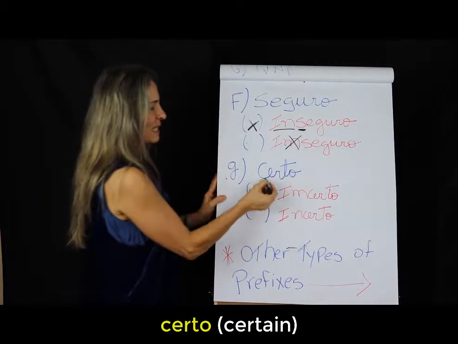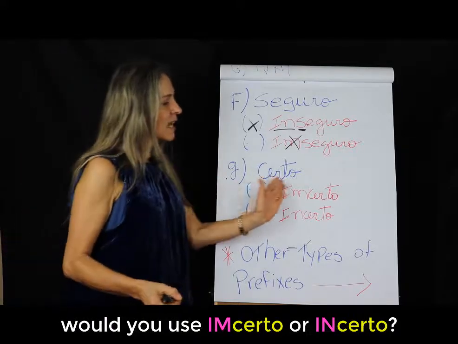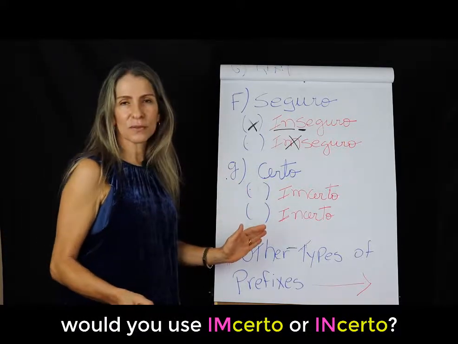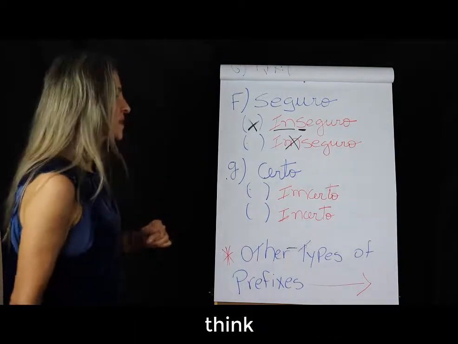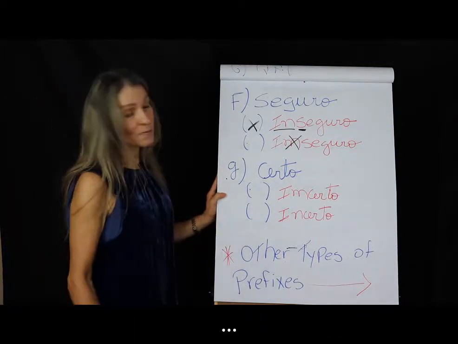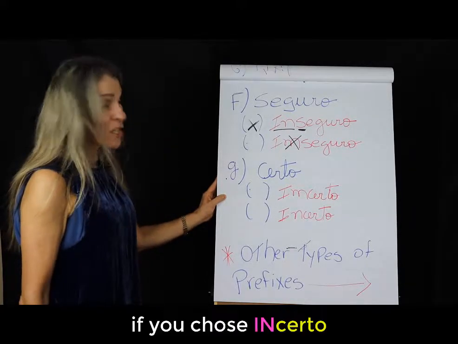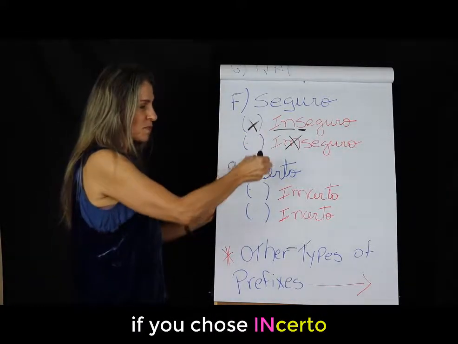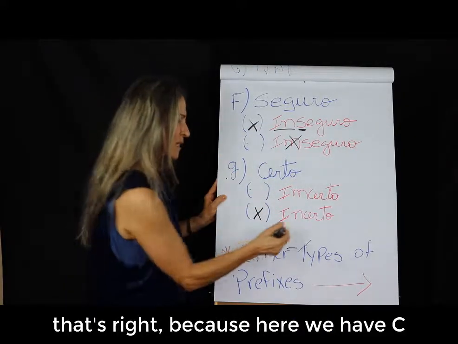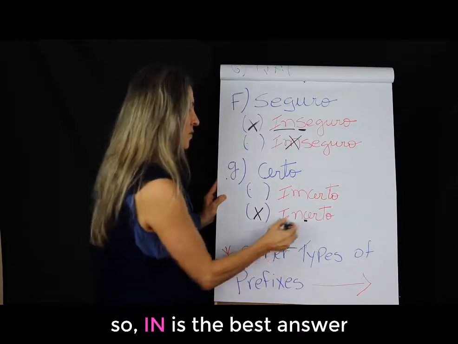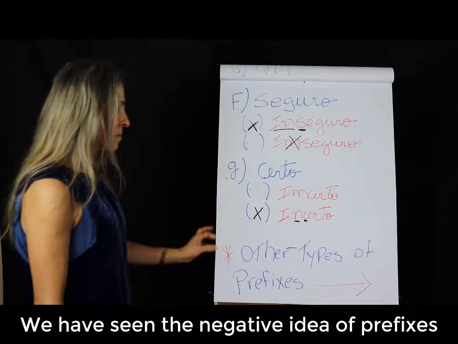Letter G, certo, okay? Certain. We use incerto or imcerto. Okay, both have a negative idea, but what's the best option? Think. So, if you chose incerto, that's right, because here we have C. So, in is the best answer, okay?